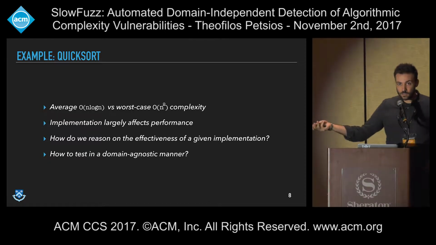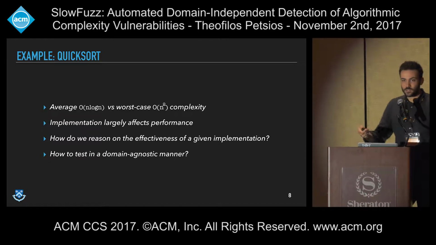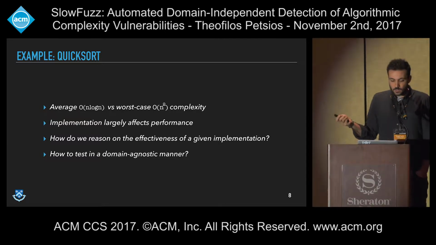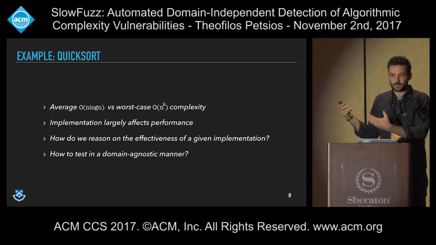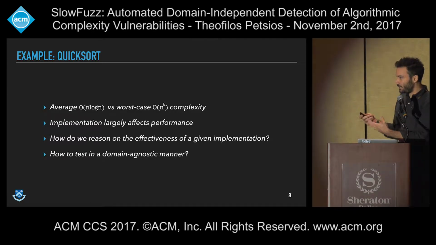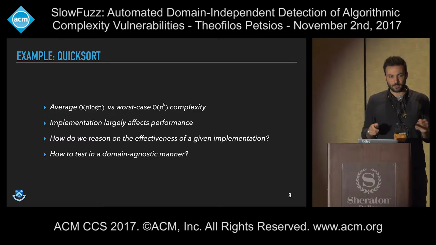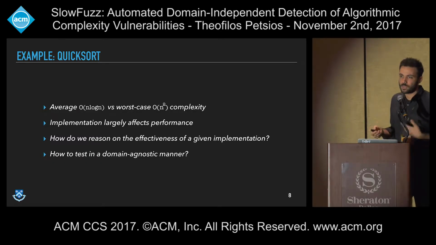In the case of the Stack Overflow website, the matching of the regex was actually quadratic, and it still took the entire website down. So the question we wanted to ask was, how do we reason about the effectiveness of a given implementation with respect to its complexity vulnerabilities without diving into the details of the implementation itself? How would we be able to test this in a domain-agnostic manner?